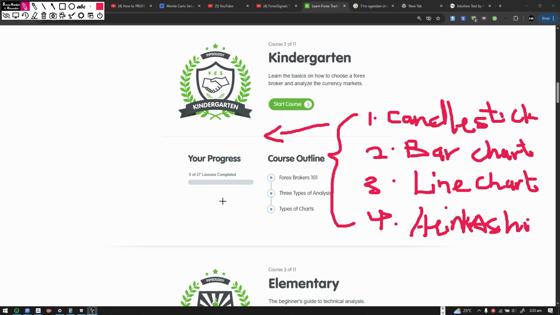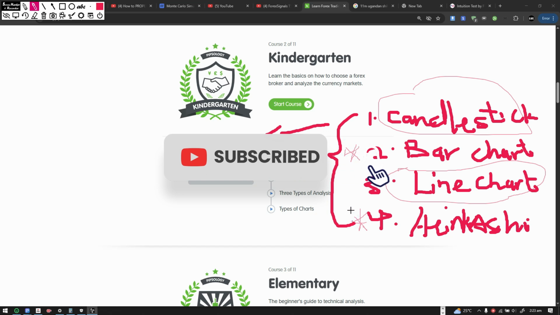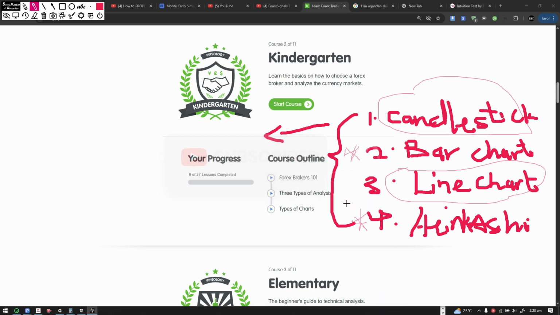So with the types of charts, what I normally use, I use the line chart, right, and the candlestick. I don't use this much. I can actually sometimes, but if you want to be the most patient trader out there, you have to use the Ichimoku because it's very good. You can stay in trades very long, right?